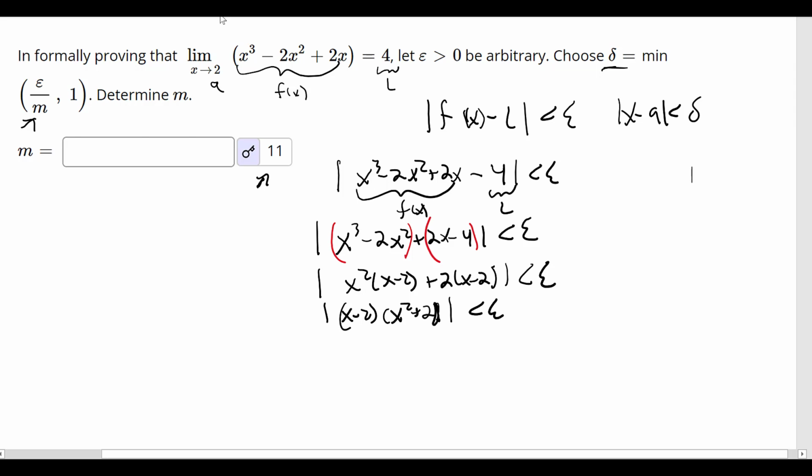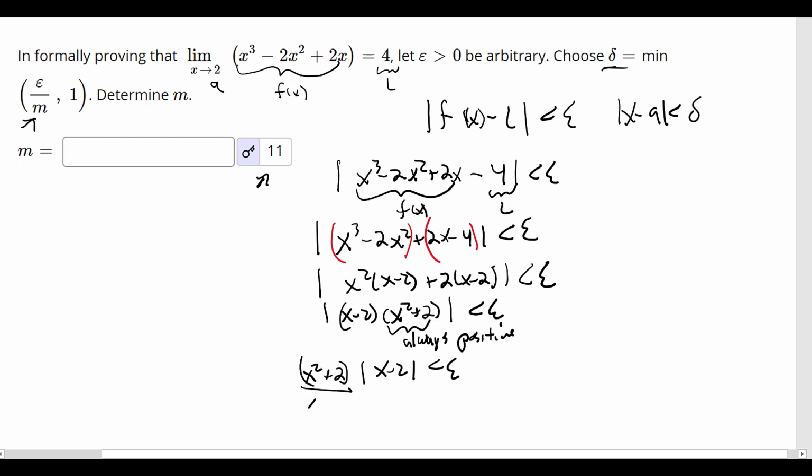And what I want to point out here is that this second factor here is always positive. So now we can pull this out. We have x squared plus 2 times the absolute value of x minus 2 is less than epsilon.